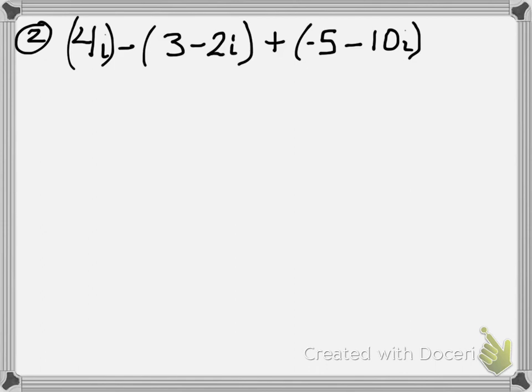So I'm first going to distribute these signs. We have 4i minus the quantity of 3 minus 2i plus the quantity of negative 5 minus 10i. And so those distribute.